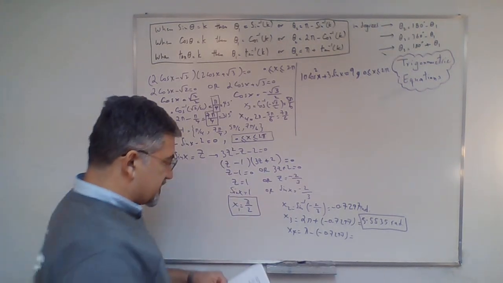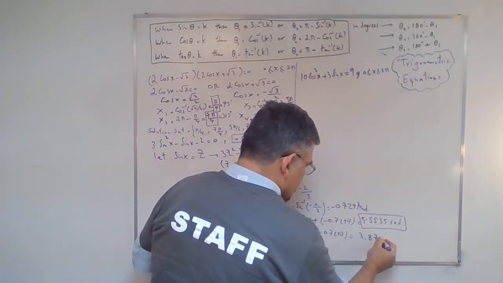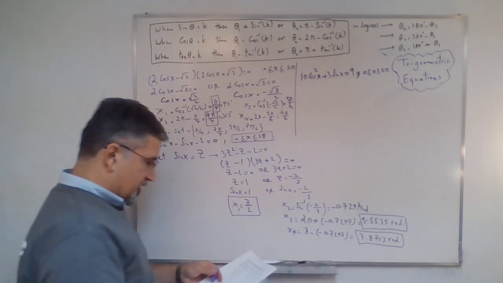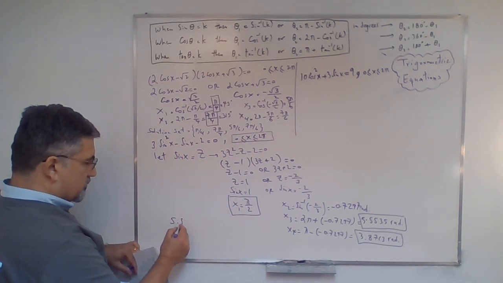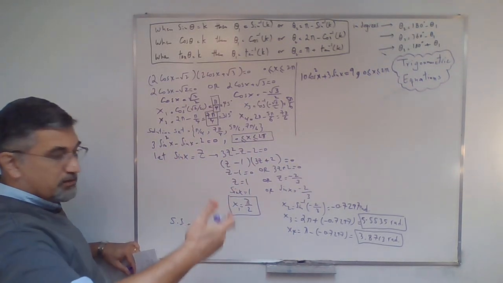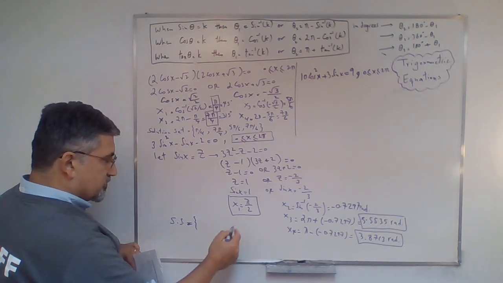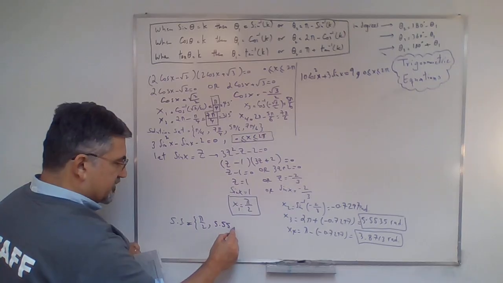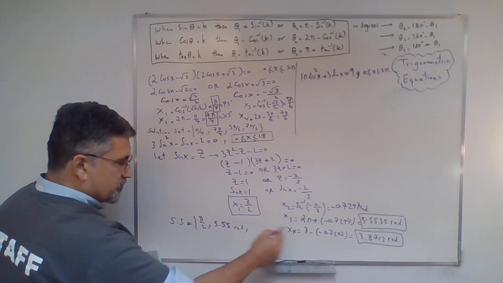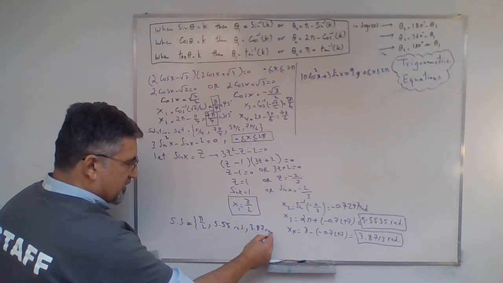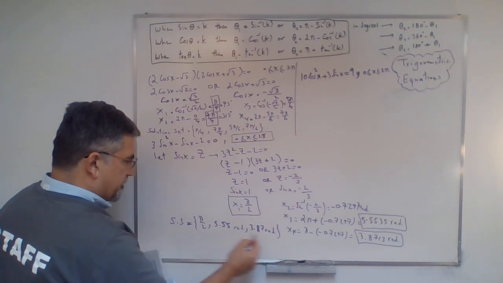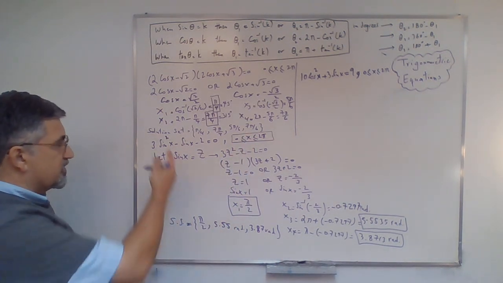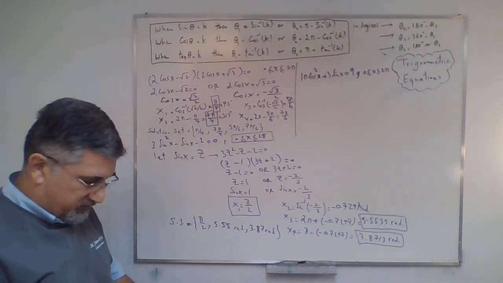So 3.8713 radian, and this is also admissible. So making a long story short, solution set for this quadratic trigonometric equation is going to be pi over 2, and then it's going to be 5.55 radian, and it's going to be 3.87 radian. So these are the three solutions within the domain of 0 to 2 pi for this particular trigonometric equation, of course.